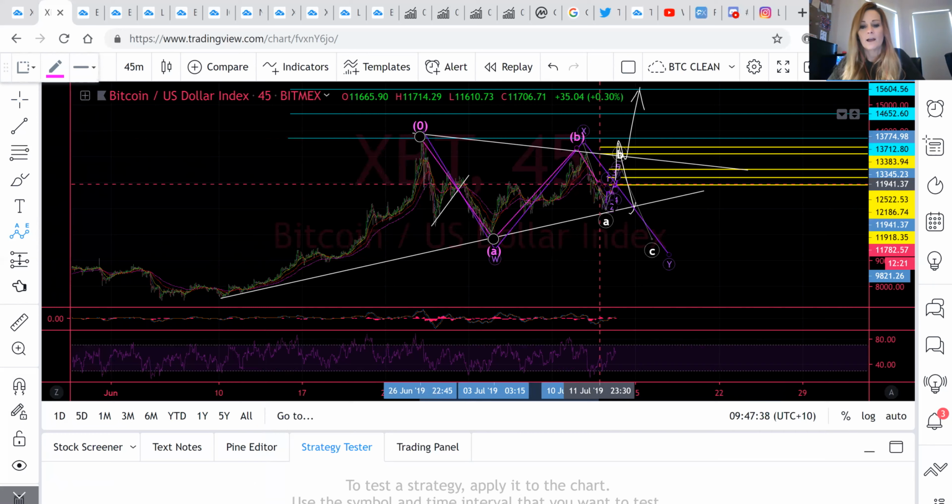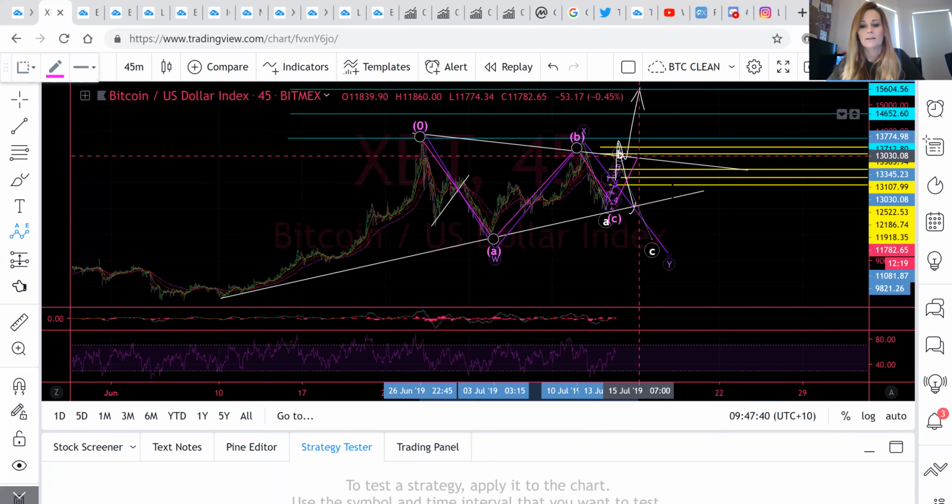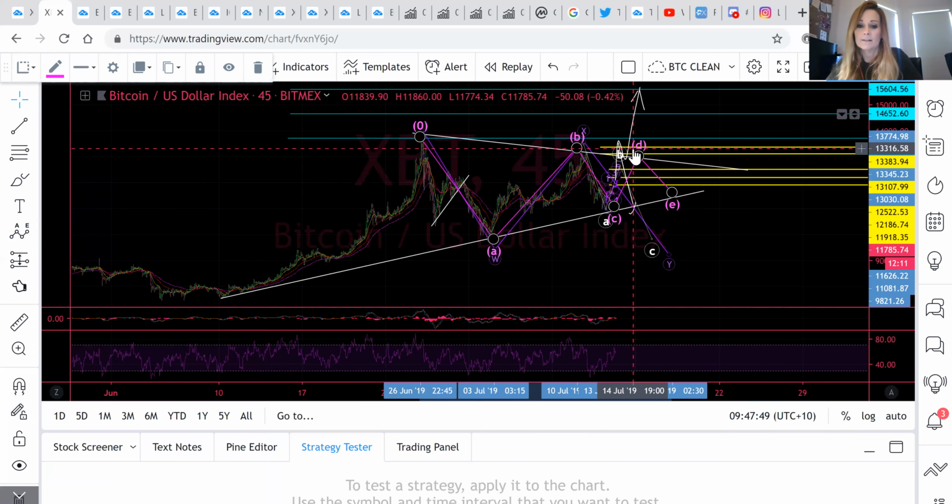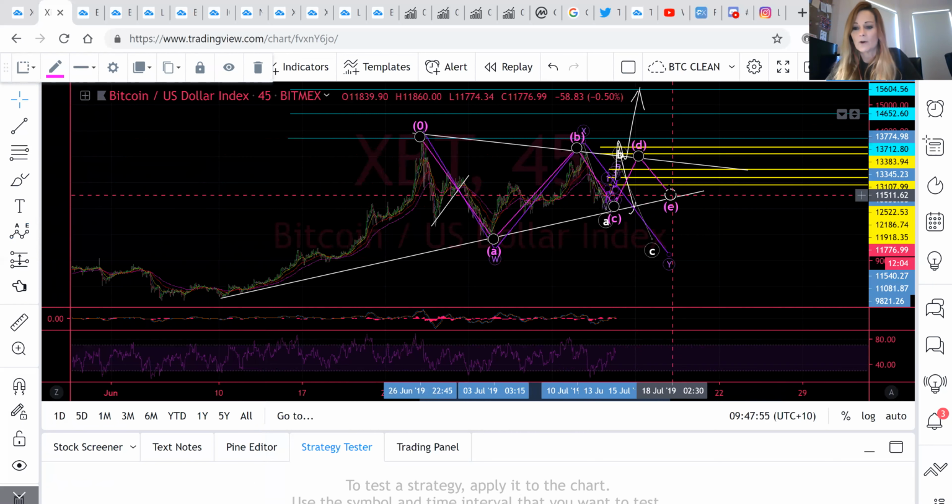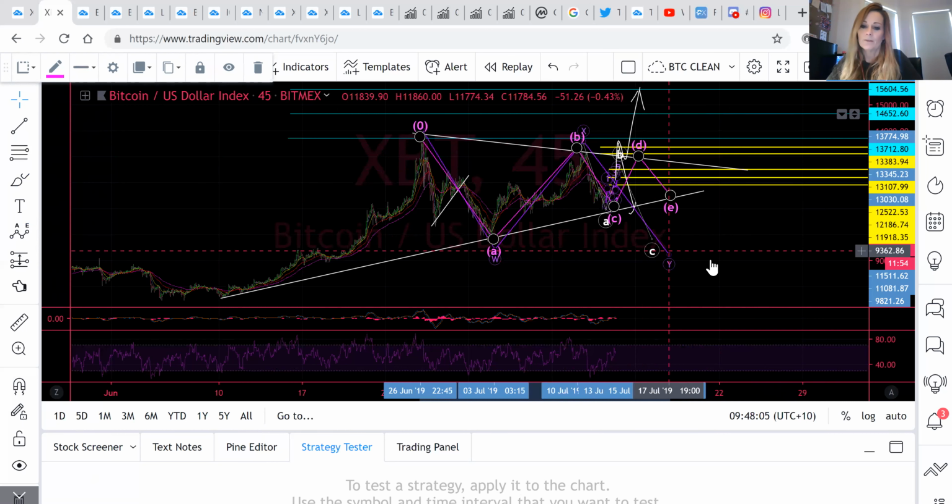So this is A, B, C, D. At this point, if we get to about 13,100 and we start turning down, we're going to be seeing that E wave, which is going to hold around the 11,600, 11,700 mark and then head higher. If we break down below that, then we are validating the Y pattern.